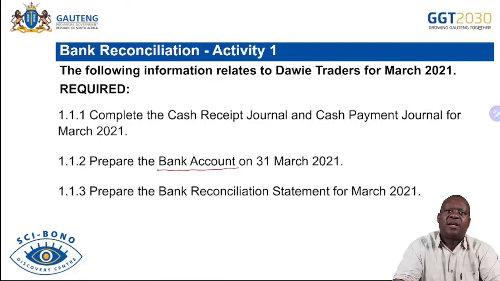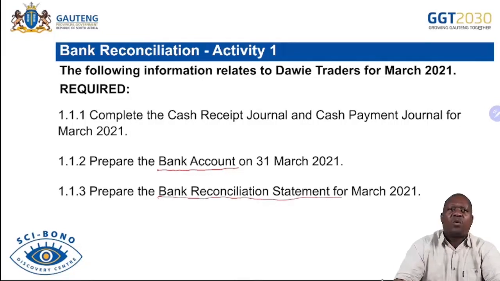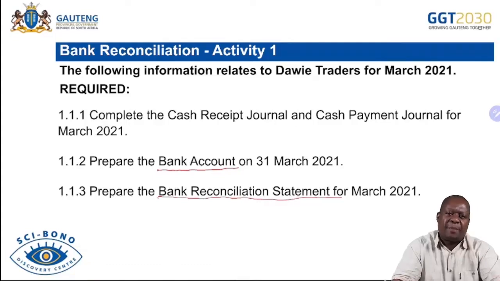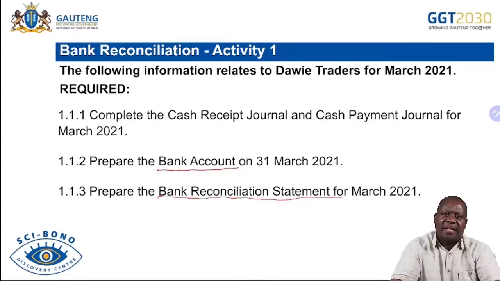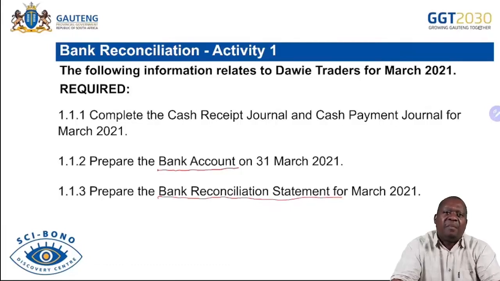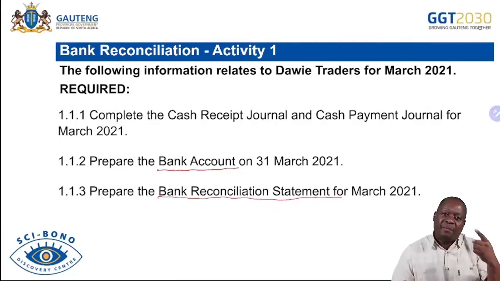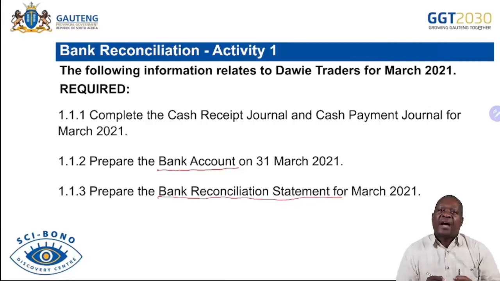Now, after that, we get to preparing the bank reconciliation statement. What are we doing by preparing the bank reconciliation statement? We are saying there are some items which have been recorded in our journals, but they are missing when it comes to the bank statement. And remember, we are not the ones who are preparing the bank statement. It is being prepared by the bank. So we don't have access to correct the bank statement.